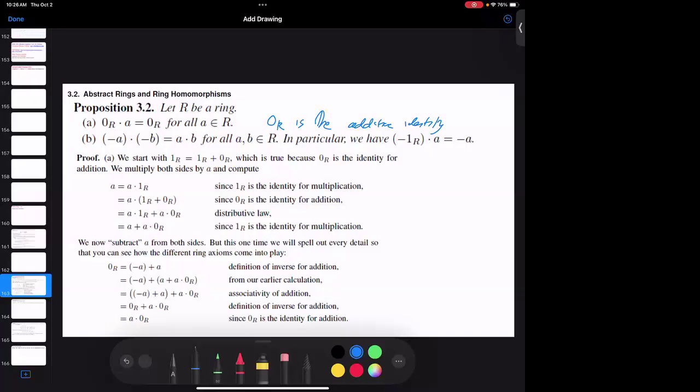And the next one is basically what you would say is, oh, of course it has to be true. If I take negative A and I multiply by negative B, it's the same as multiplying A and B. What does negative A mean? We mean the additive inverse.